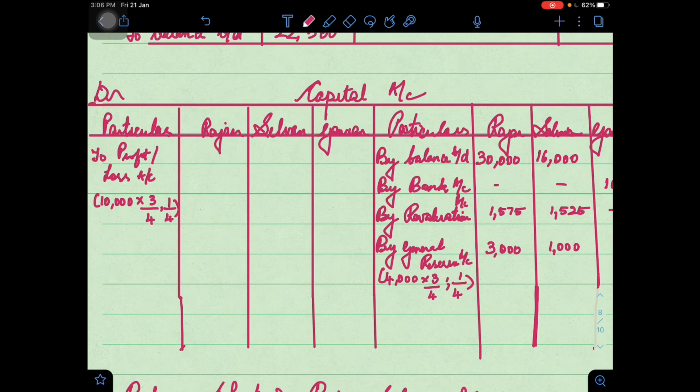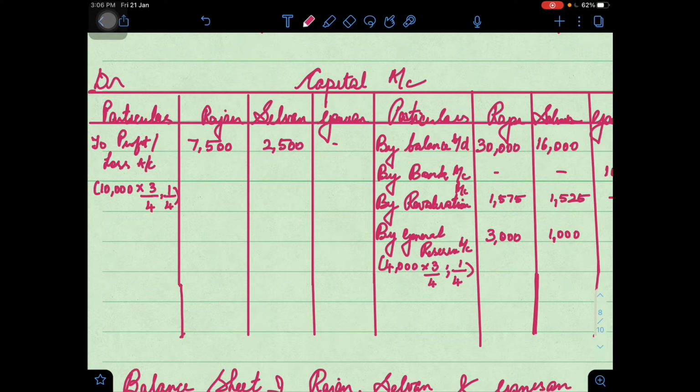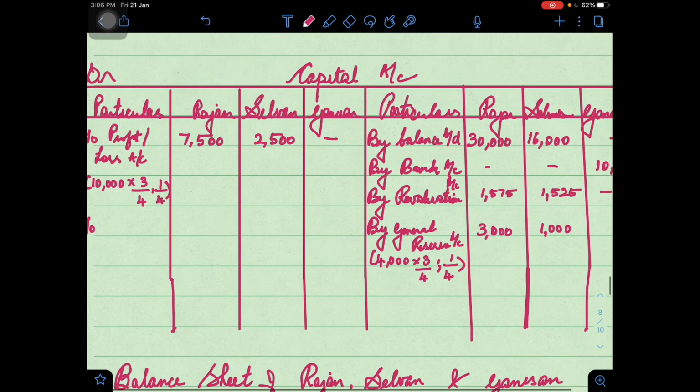After calculating, you will get 7,500 for Rajan and 2,500 for Silver. Now it's time to close the revaluation account.